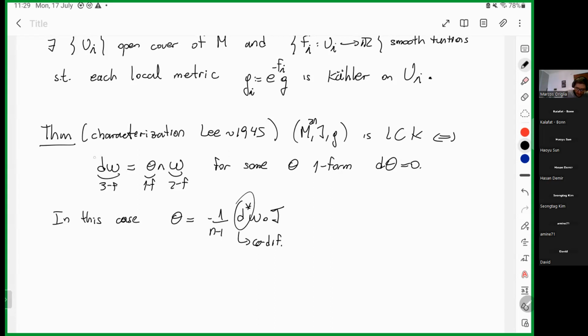So if you have a closed 1 form satisfying this condition with the fundamental form omega, then this 1 form is completely determined by omega, the metric, and the complex structure. And this is the formula, and it is called the Lee form, or the Lee 1 form.